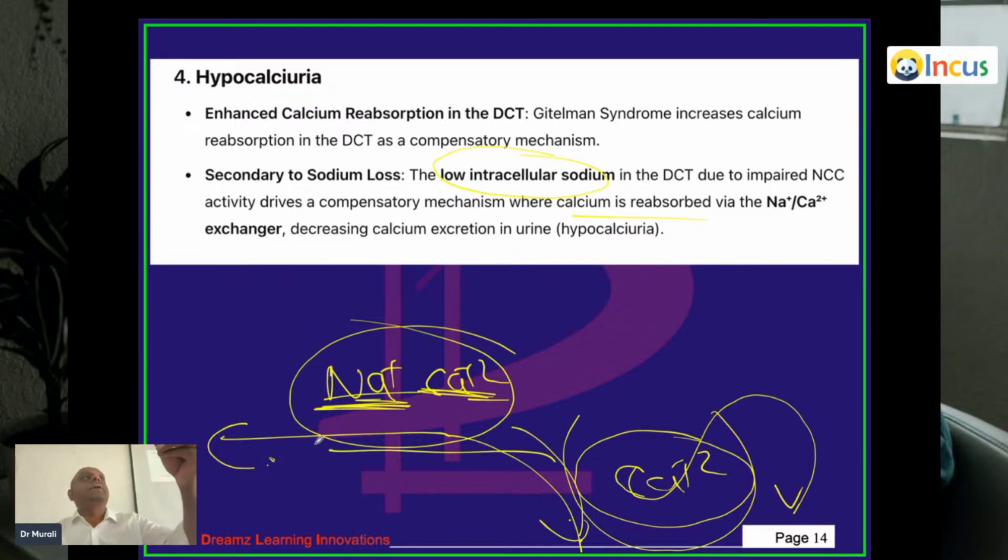The moment there is no sodium available to exchange for calcium, calcium is not lost into urine anymore. That leads to calcium reabsorption into the interstitium. That's the reason there is a hypocalciuria and calcium retention in case of Gitelman.